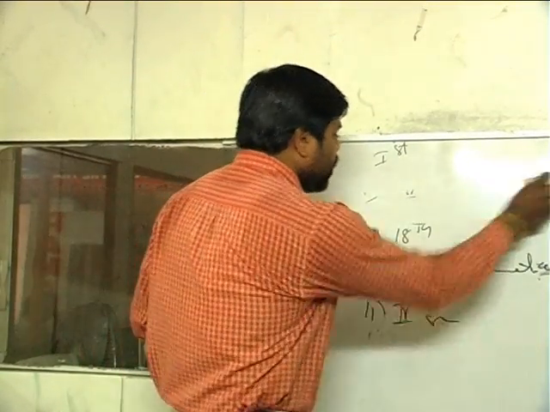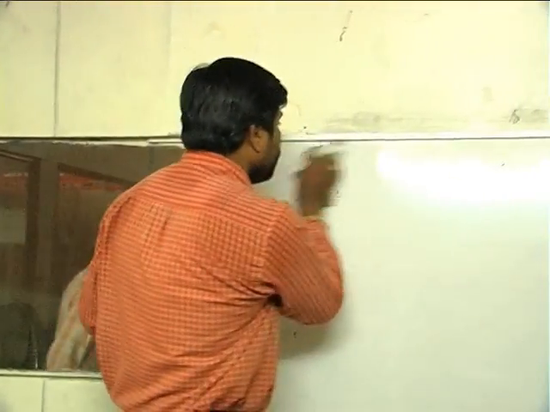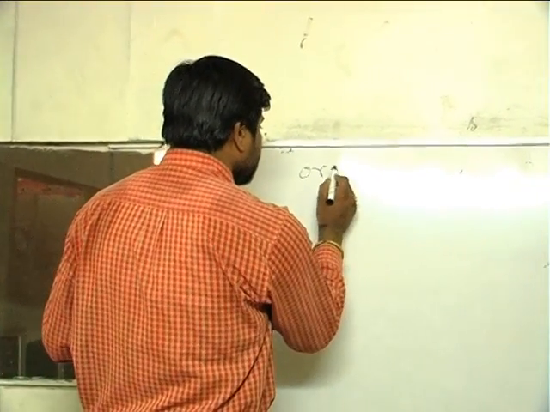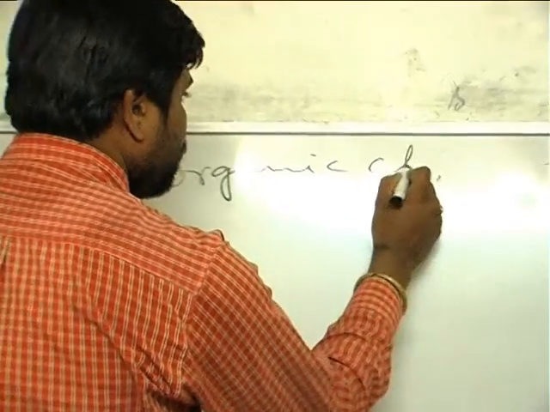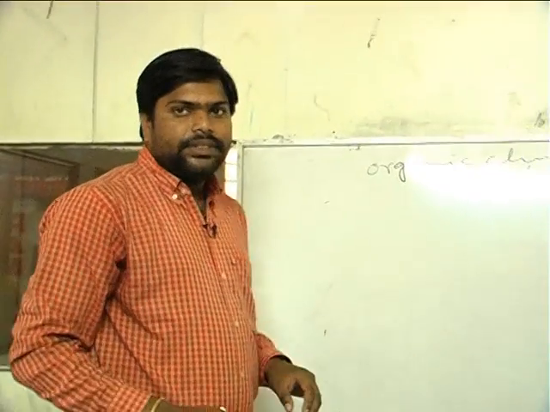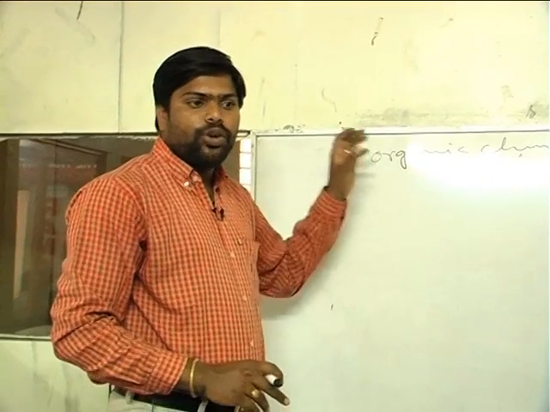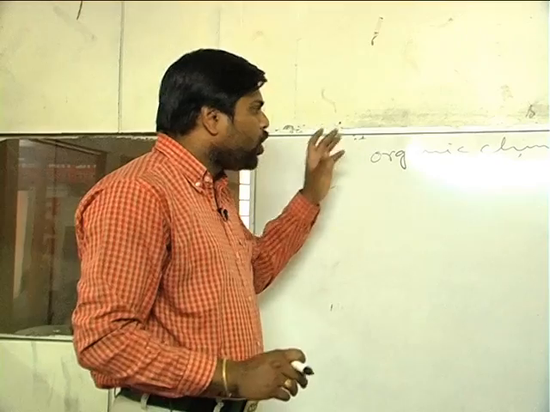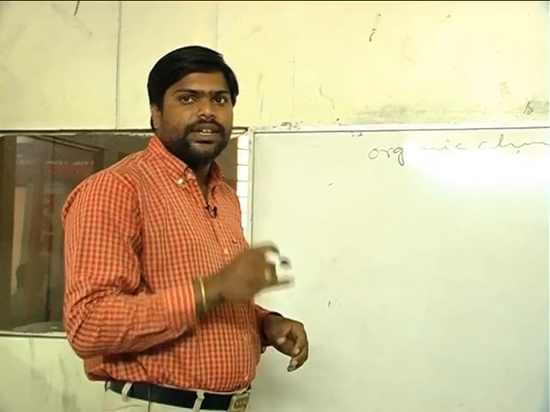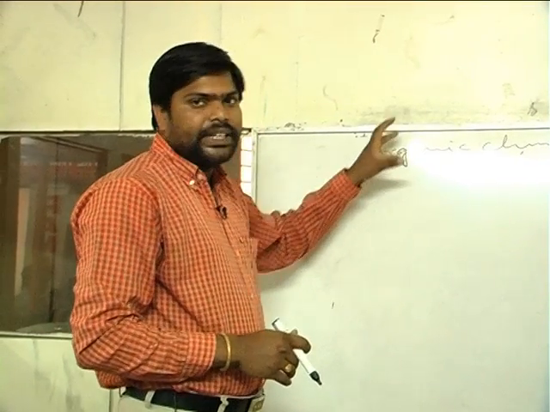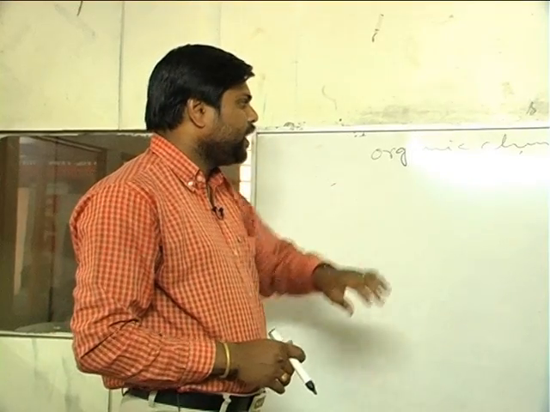And the last chapter is organic chemistry. In organic chemistry we go through the inductive effect, hyperconjugation, mesomeric effect, electromeric effect, and estimation of carbon compounds like nitrogen, oxygen, and sulfur present in the organic compound.